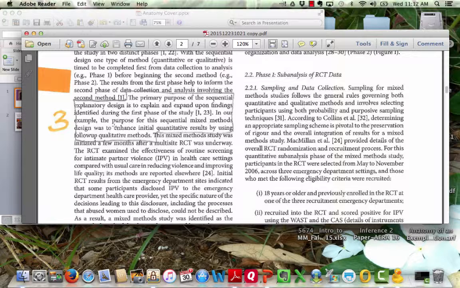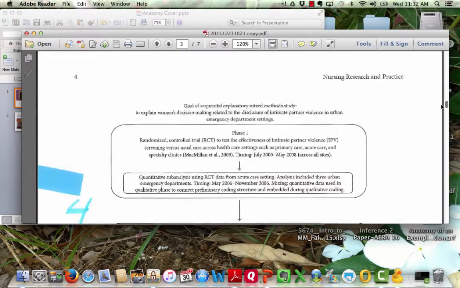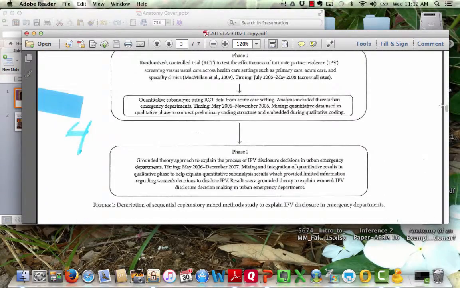They used the qualitative approach, follow up sets of interviews, to try to understand why that was the case, and came to the conclusion from the qualitative data that the more severe the injuries, the more the participants feared the judgment of the caregivers in the emergency room, and thus were more reluctant to reveal the cause of their injuries. So, classic combination.